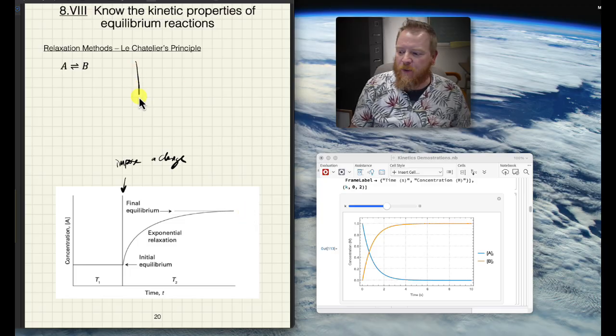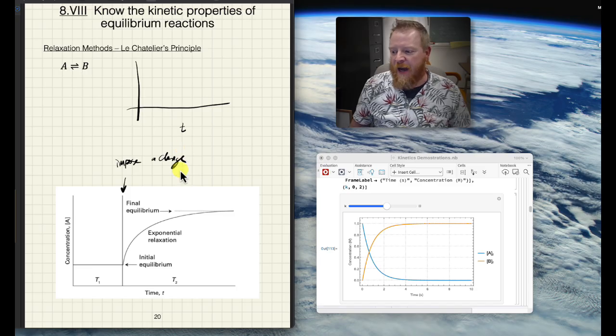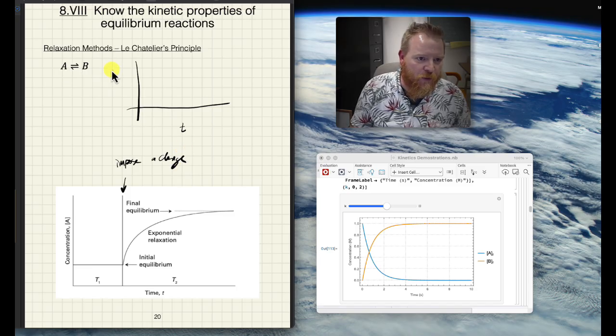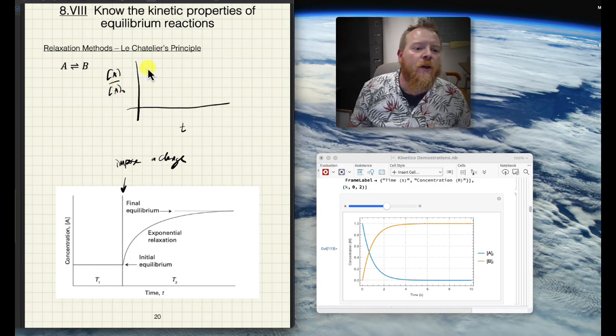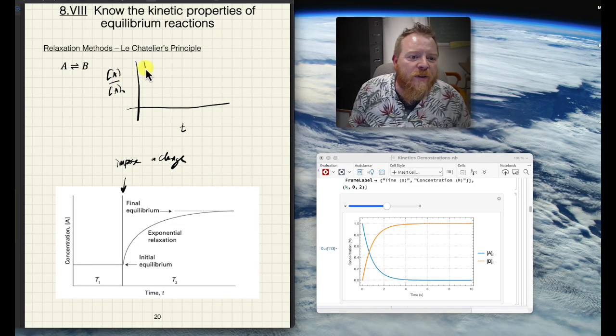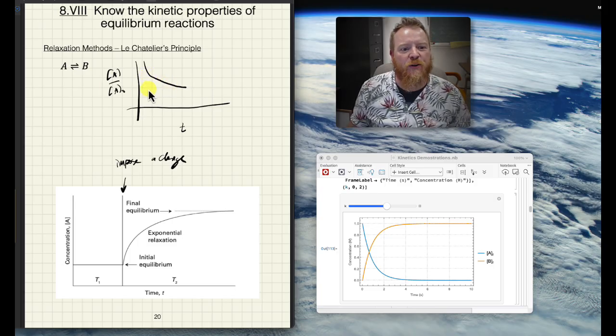So for example, let's suppose we're monitoring our concentration versus time for this simple first order equilibrium reaction, and we're looking at the ratio of A initial over A. So we know that A will decay exponentially, and certainly if we were monitoring B, we would know that B would grow exponentially.